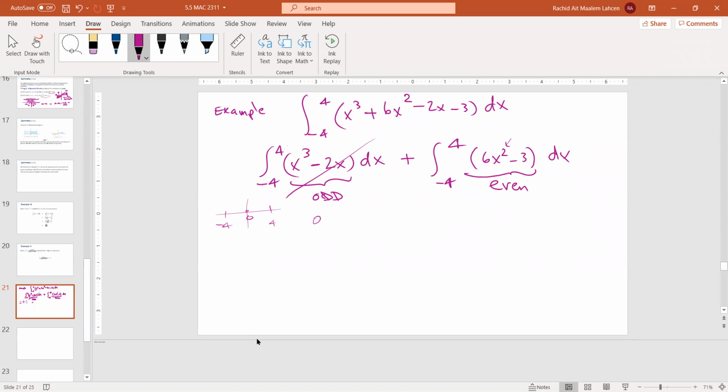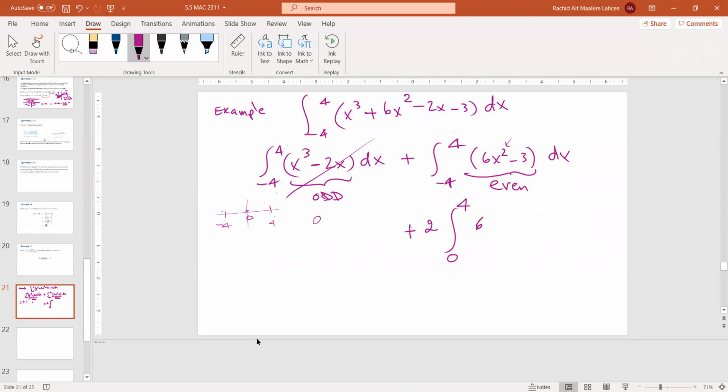For this other one as well, negative 4 to 4, it crosses, so we have double. So instead of doing from negative 4 to 4, we can calculate for 0 to 4, which is actually easier to calculate.